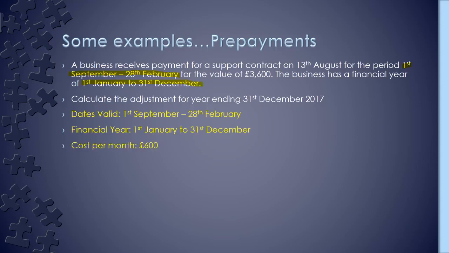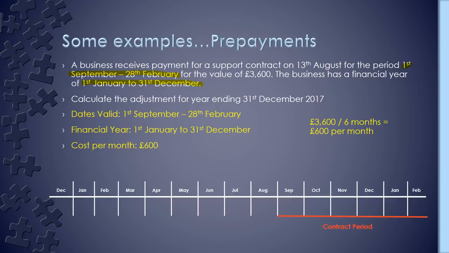And we can work out our cost per month by doing 3,600 divided by 6 months, which is 600 per month. So let's have a look at it on the timeline. So you can see here I've put in the contract period, so it's September to the end of Feb. So you've got your 1, 2, 3, 4, 5, 6 months there.